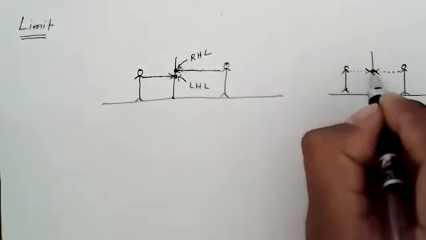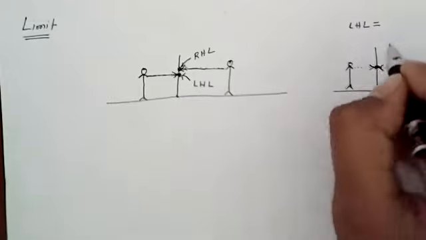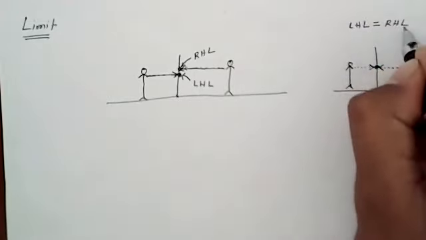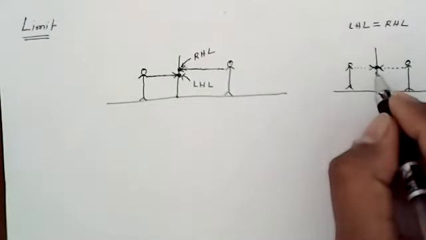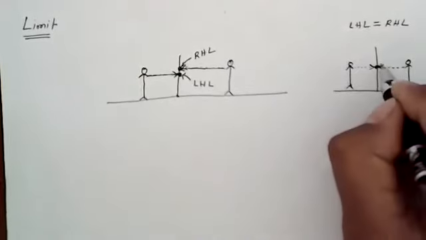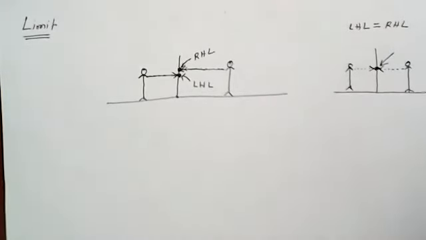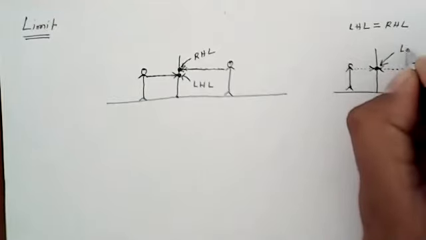Then the left hand limit is equal to the right hand limit, right? And in that case, we can say that the limit exists. And this particular point, instead of calling it the left hand limit or right hand limit, we'll simply call it the limit.